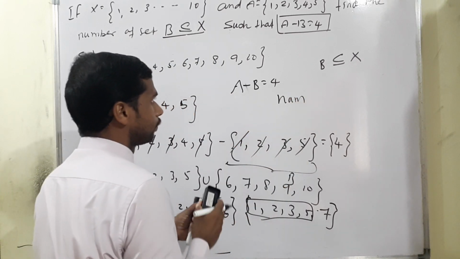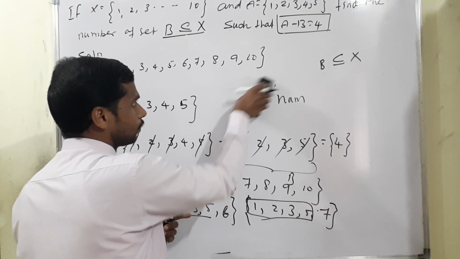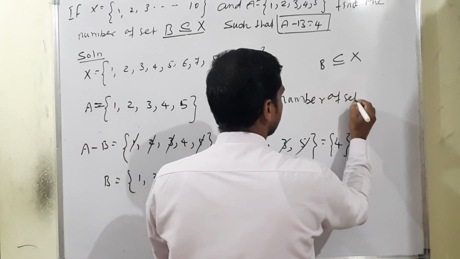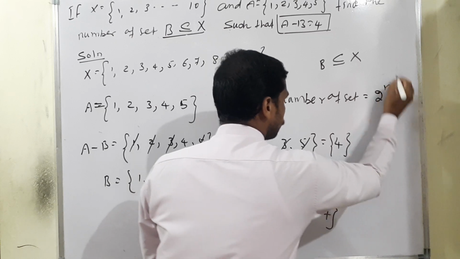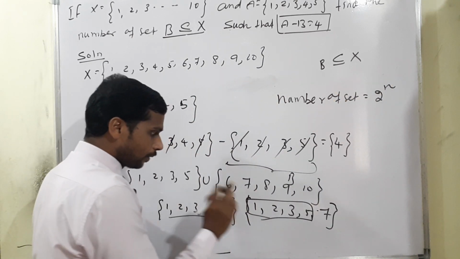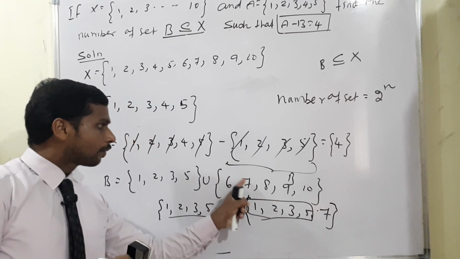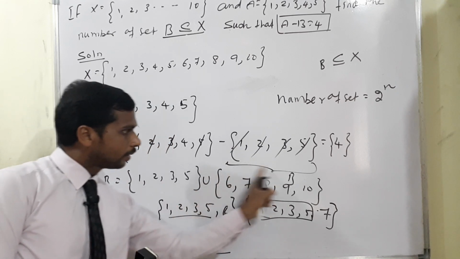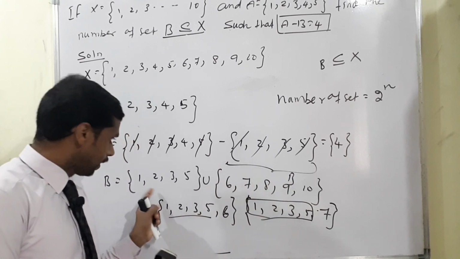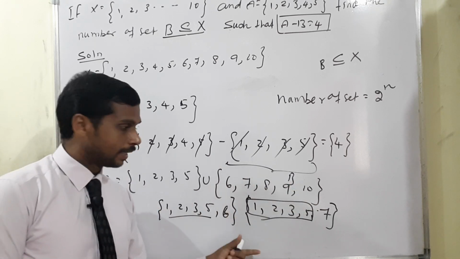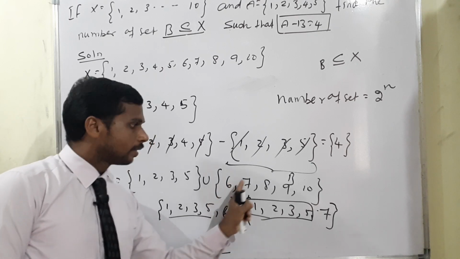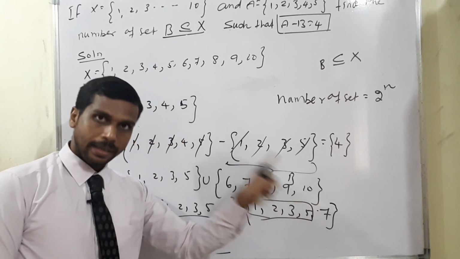Number of sets is equal to the formula 2 power n. Therefore n is equal to, definitely we can say, the separate different elements from this one are 6, 7, 8, 9, 10 only. So B is one of the parts, and in each and every set B, the remaining separate terms are 6, then 7, then 8, 9, 10.